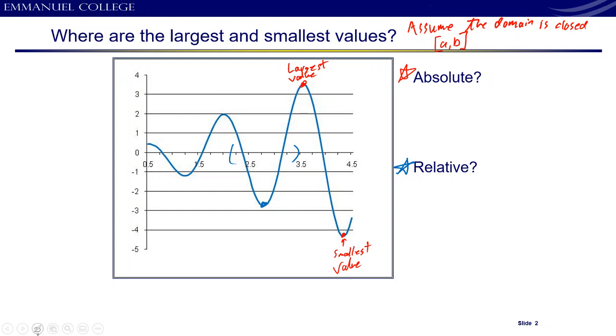Because, and I'll erase these in a second, let's say I take this interval, which includes the two purple points. This is the smallest point in that interval, and this is the largest point in that interval.